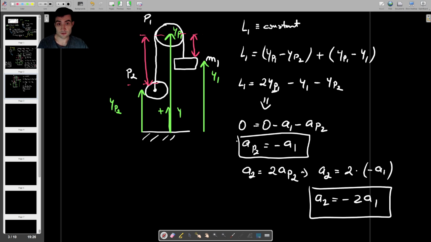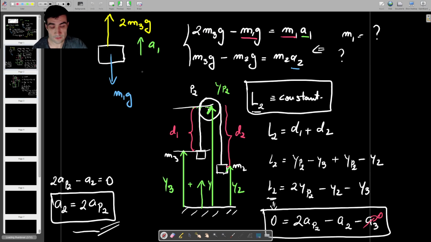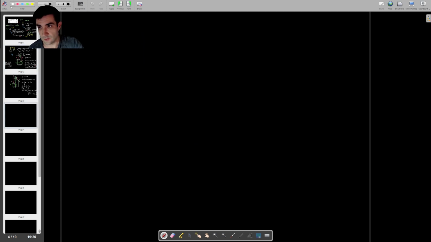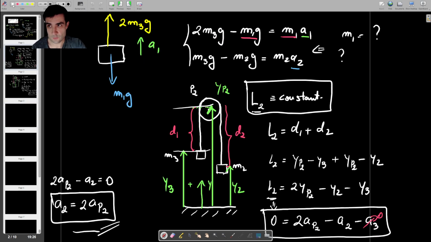So we found a relationship between the two accelerations. So this was our missing puzzle piece, if you want to call it that. This was the last equation that we were missing that will help us figure out the answer to the question.